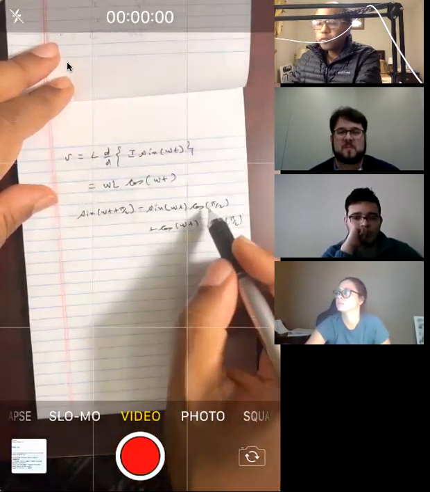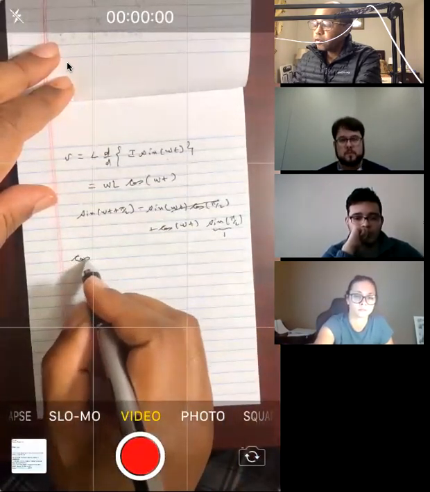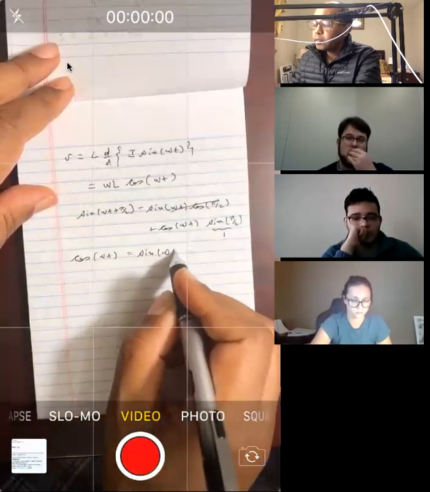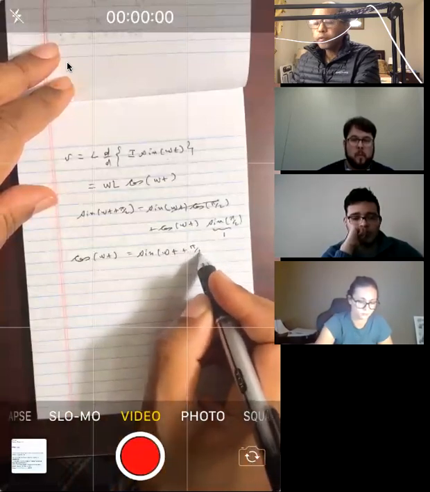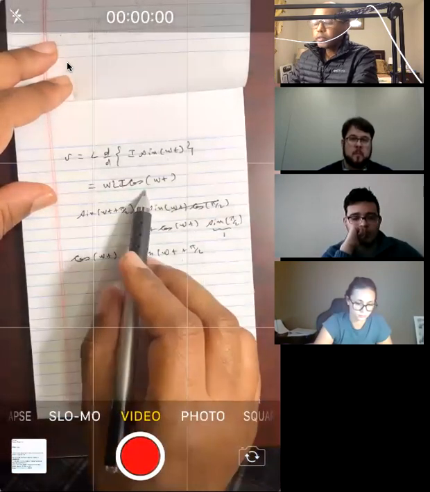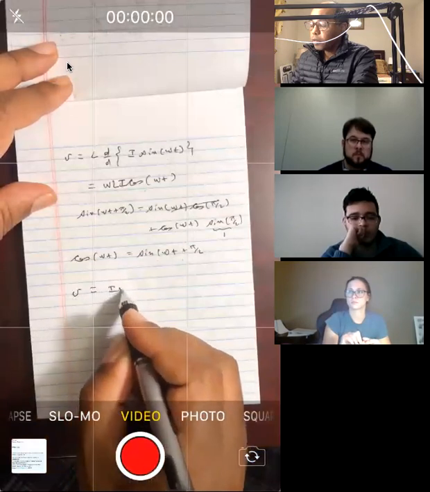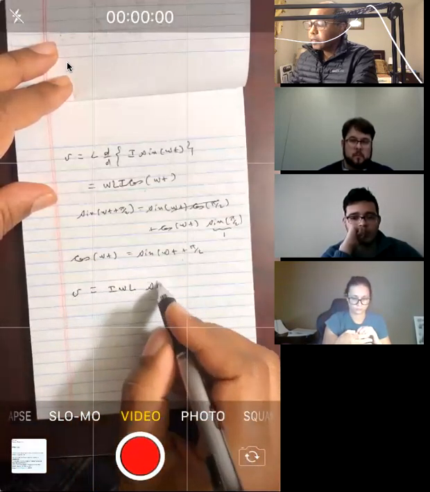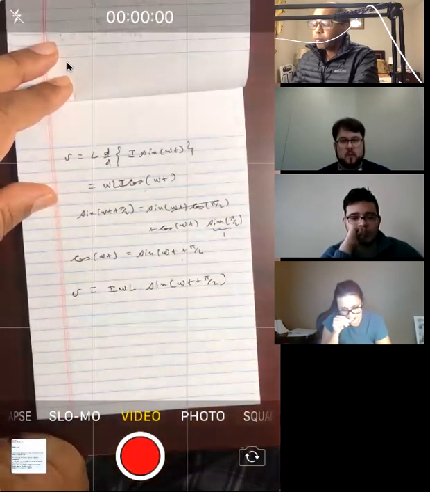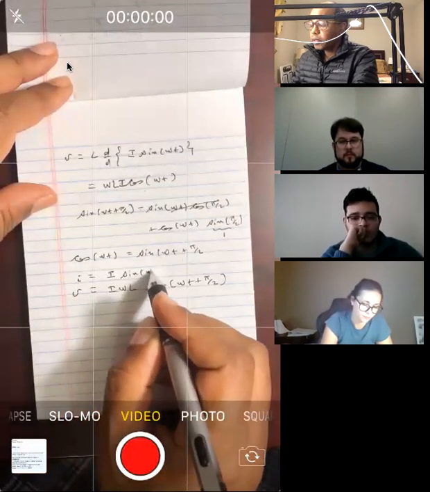Now cosine pi over 2 is 0, so this goes away. Sine pi over 2 is 1, so you have the following formula: cosine of omega t is simply the sine of omega t plus pi over 2. So I can represent the voltage in terms of sine as follows: the voltage is I omega L sine of omega t plus pi over 2. Remember our current is I equals I sine omega t.